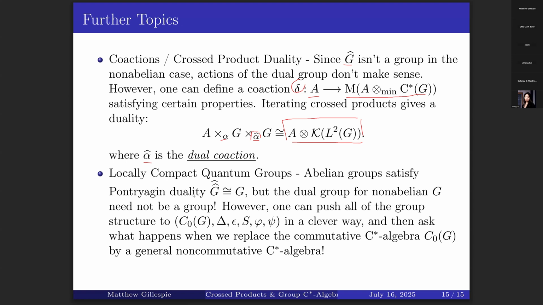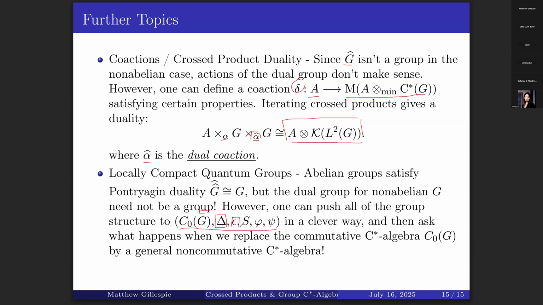And all this really does is, I take the structure of a group in the base case, and I push it all to the C-star algebra C0 of G, where this delta now is a co-multiplication. So G comes with a multiplication of the group. Delta is like the multiplication, but for C0 of G, it's called a co-multiplication.